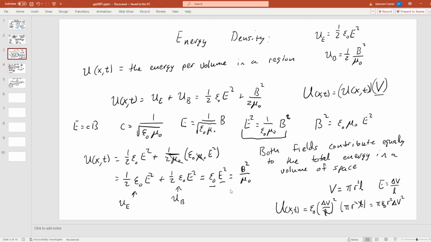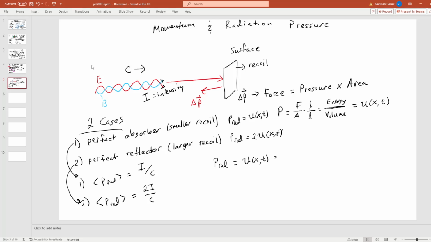Your energy density is epsilon naught E squared, or B squared over mu naught. And so let's say, for example, that we're using our typical sine wave, plane wave. The oscillations of the electric field are in the x direction, but the propagation is in the z direction.